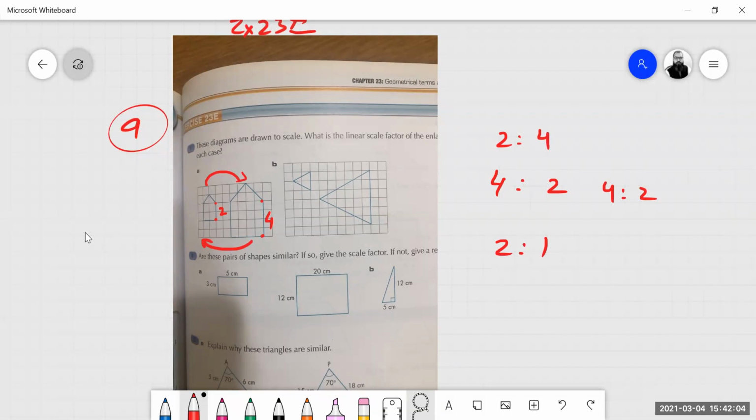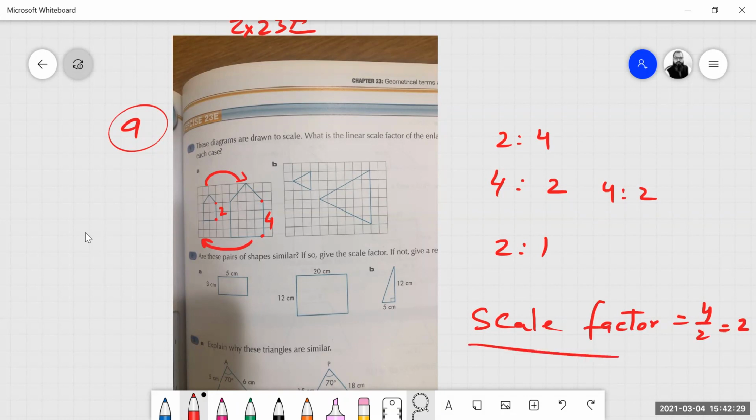So the scale factor is 4 divided by 2, equal to 2. See, when we multiply 2 by 2 equal 4, this will become double. The same here.